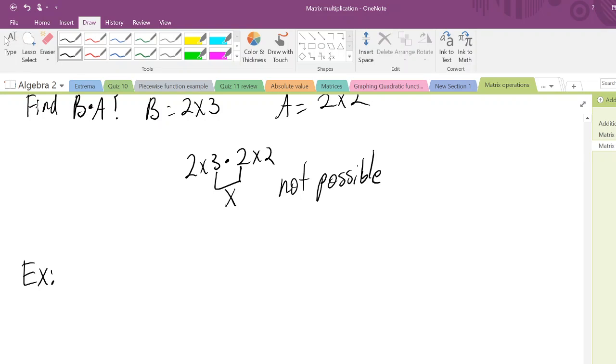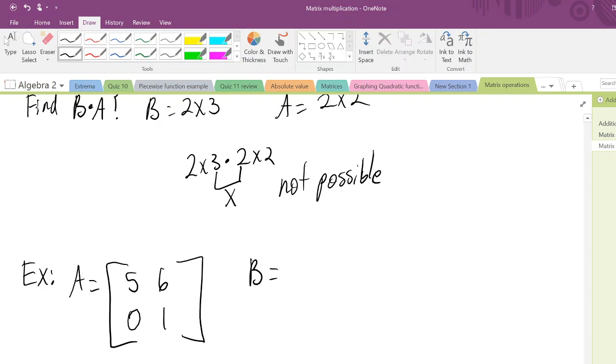I'm going to have a 2 by 2 and a 2 by 2. So A is equal to 5, 6, 0, and 1, and B is equal to 4, 2, negative 2, and 3.